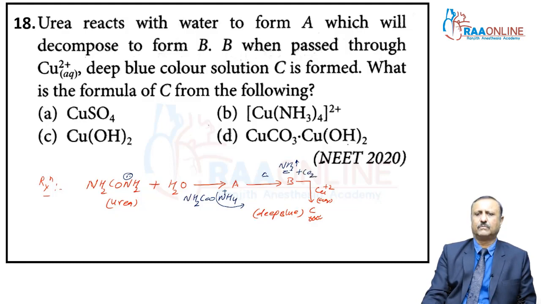My dear students, when this ammonia reacts with Cu2+, it forms [Cu(NH3)4]2+ ions, and this reaction also involves a d-block element. So my dear students, compound C is [Cu(NH3)4]2+. So you can go to option B in this question. This question was asked in NEET 2020.